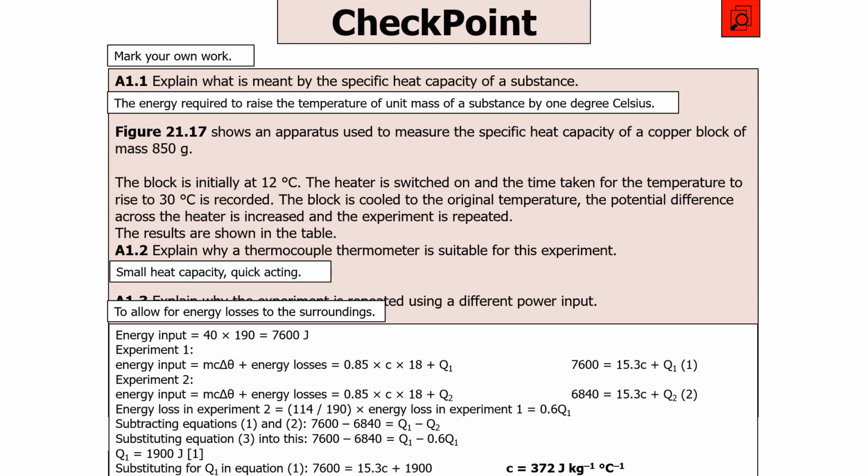You can then subtract equations 1 and 2 to get 7,600 minus 6,840 equals Q1 minus Q2. We can then sub that into the previous equations, and therefore we can work out Q1 to be 1,900 joules. So when you put it into the equation for 1, we say 7,600 equals 15.3 C plus 1,900, and we get 372 joules per kilogram per degree Celsius.